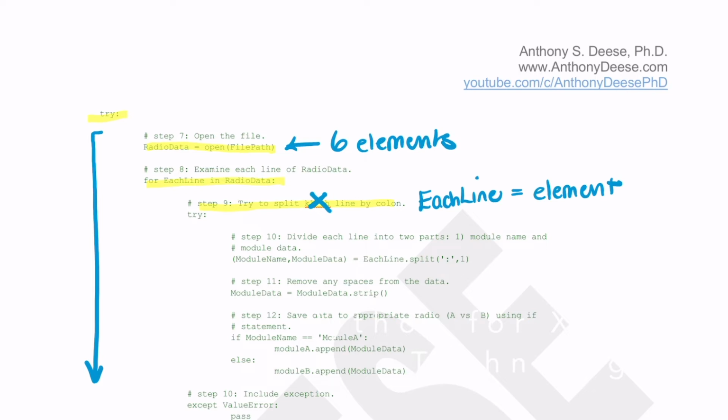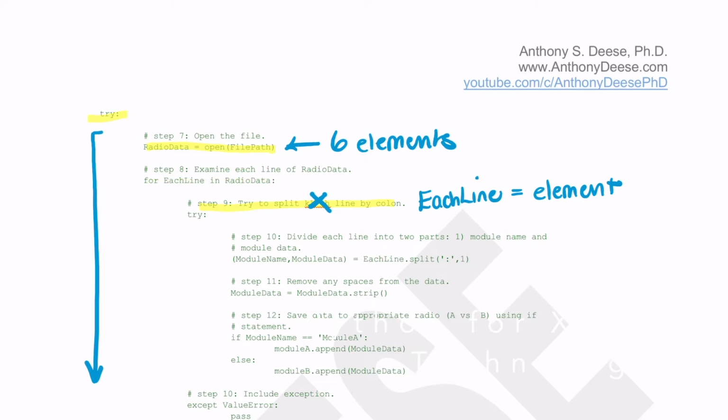Hopefully you're familiar with this format for a for loop, where essentially you have for x in y, and what that does is it cycles through all the elements of y, and each one is stored temporarily to x. So each line will contain the first element the first time, second element the second time, and keep cycling in that way.